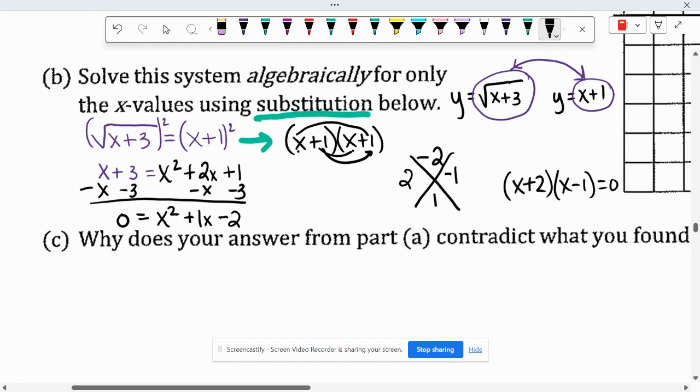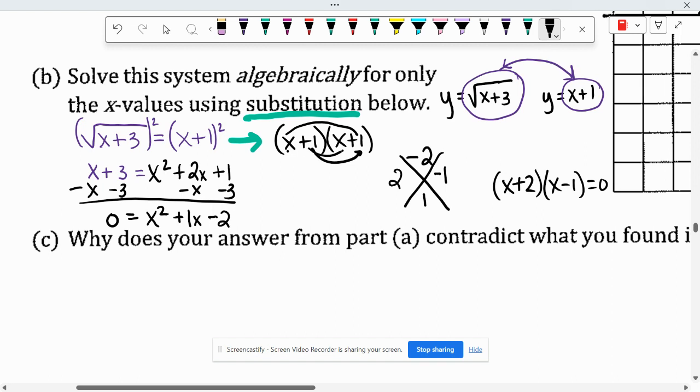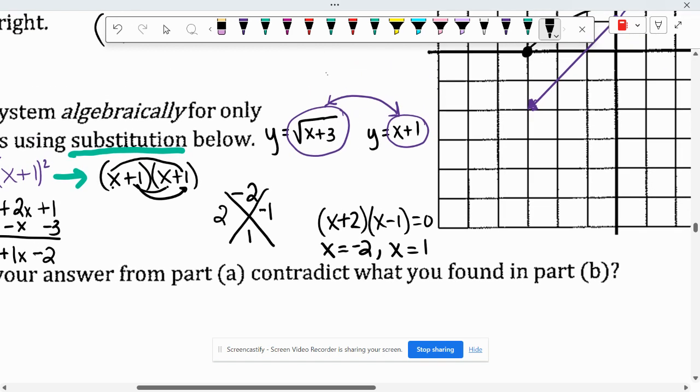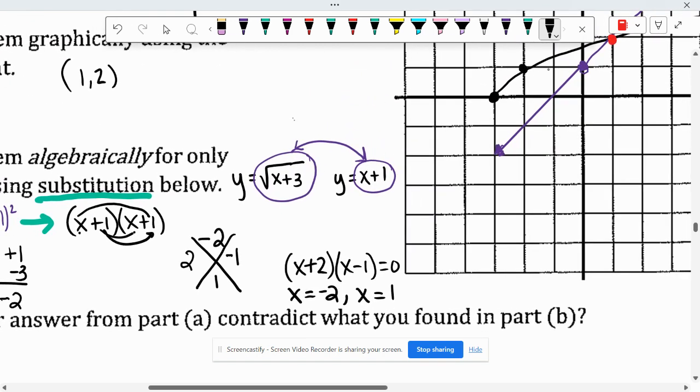Well, if x plus 2 equals 0, what is the root or the solution? x equals negative 2. And if x minus 1 equals 0, what is the root or the solution? Positive 1. So when we solve it algebraically, we get x equals negative 2 something, and x equals 1 something. Well, we know that when x is 1, y is 2.